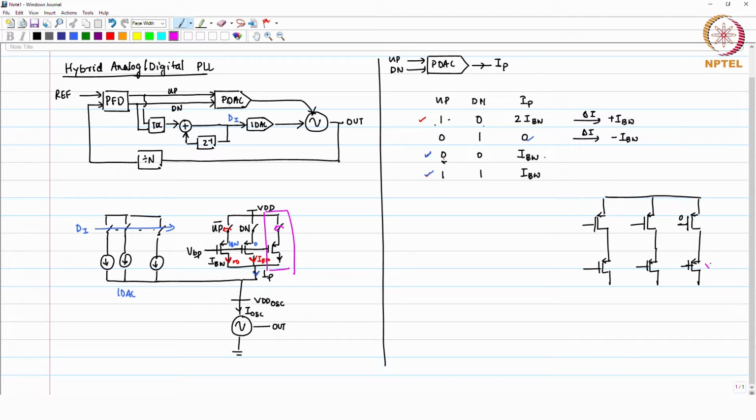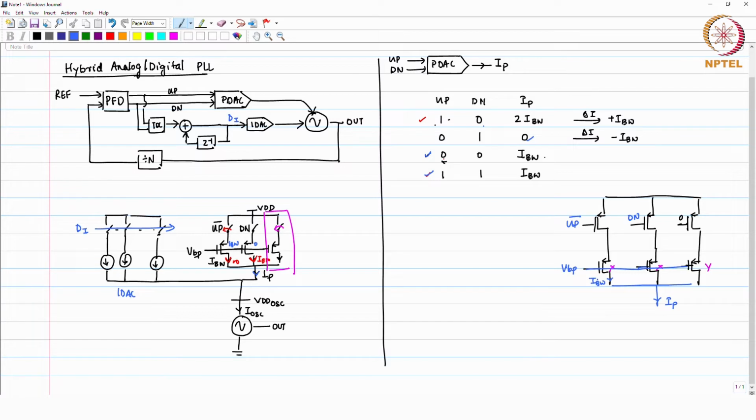So, the size can be y here, and the size can be x in both the cases, and they are controlled by your V bias P. This is up bar, this is down. So, the total current which you are looking at here is I P. Okay. And when it is on, it is biased at such a voltage that the current which flows is I bandwidth.